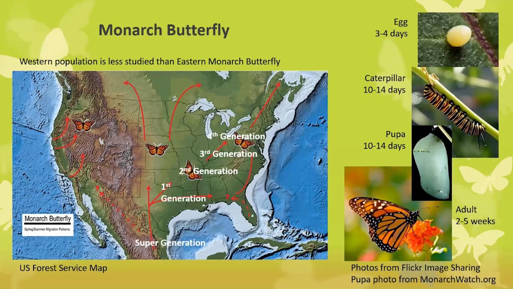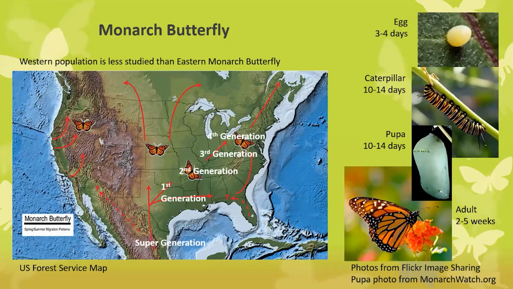The Western population is less well known, but we do know Western populations are found in the inland areas of California, West and Southwest, and in the Pacific Northwest, they are found inland, so they are east of the Cascade Mountains.